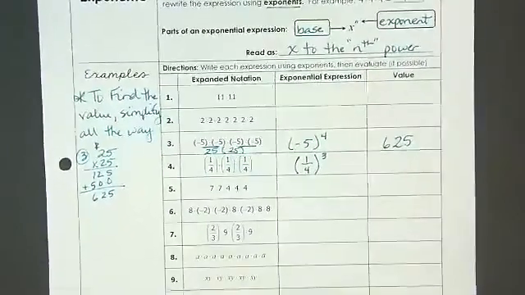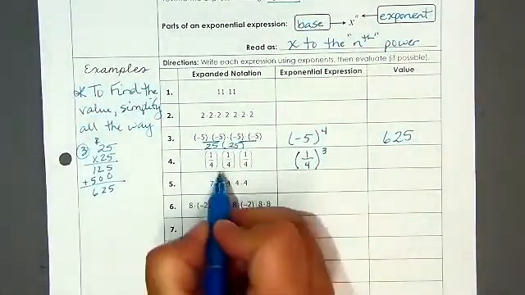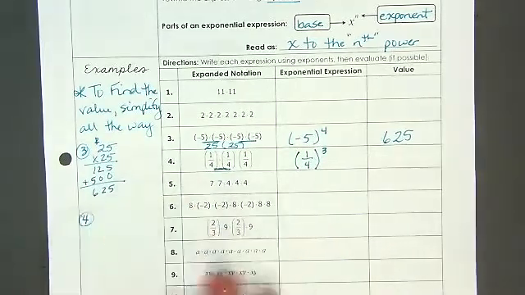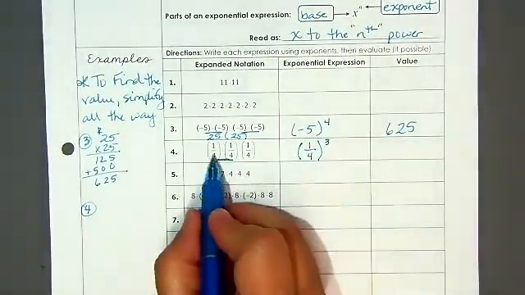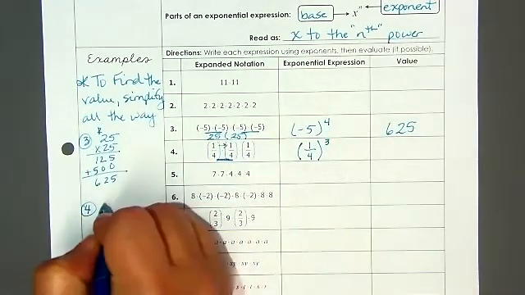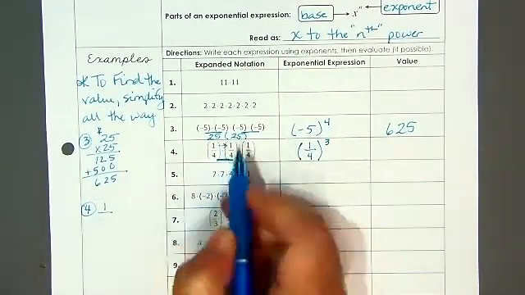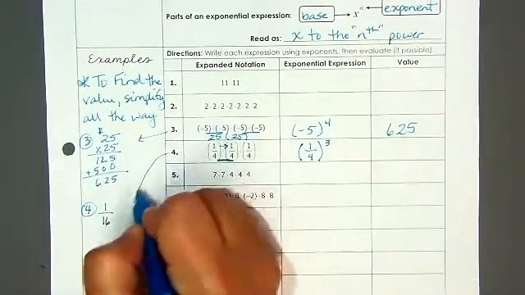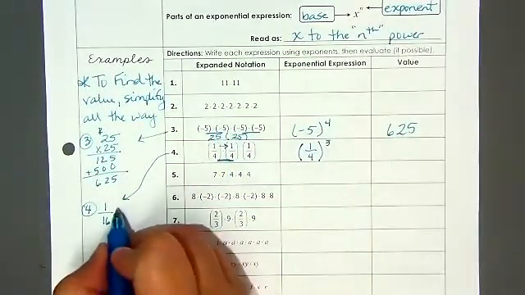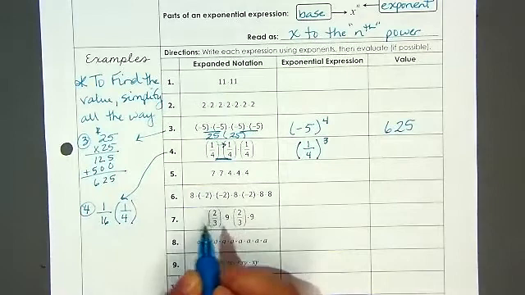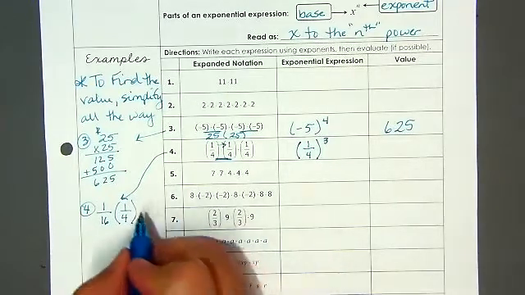So now when I'm wanting to calculate it, I'm multiplying 1/4 times 1/4, that means I'm doing 1 times 1, which gives me 1, 4 times 4, which gives me 16, times the third 1/4.